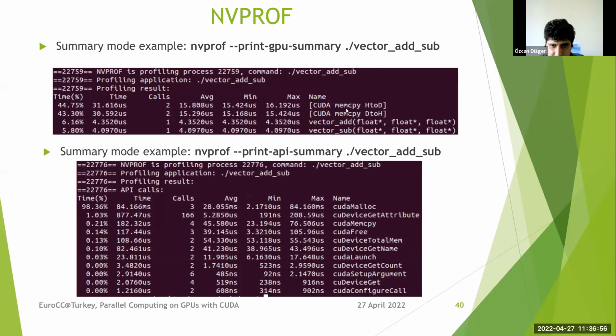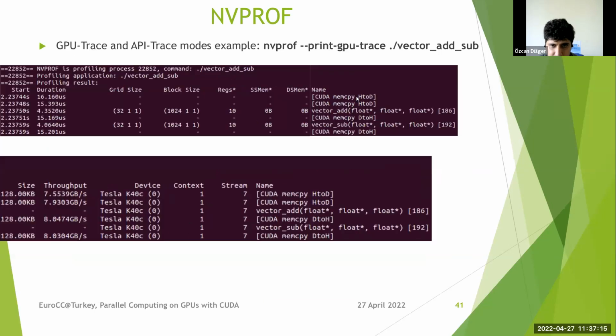Remember that in summary mode there is a single line for all of the memory copy operations from host to device, and a single line for the memory copy operation from device to host. But here we get all the information of each call.